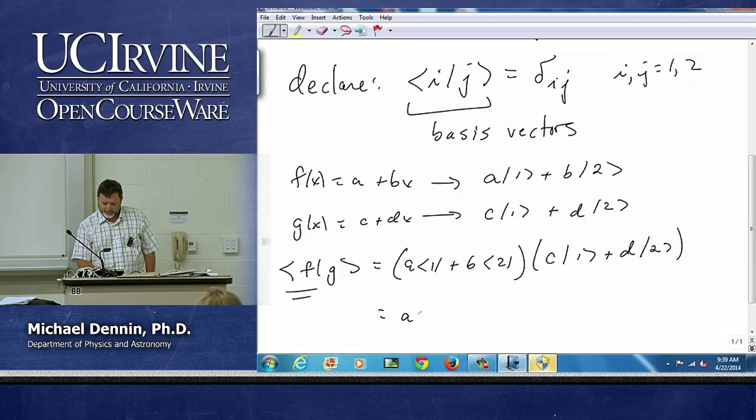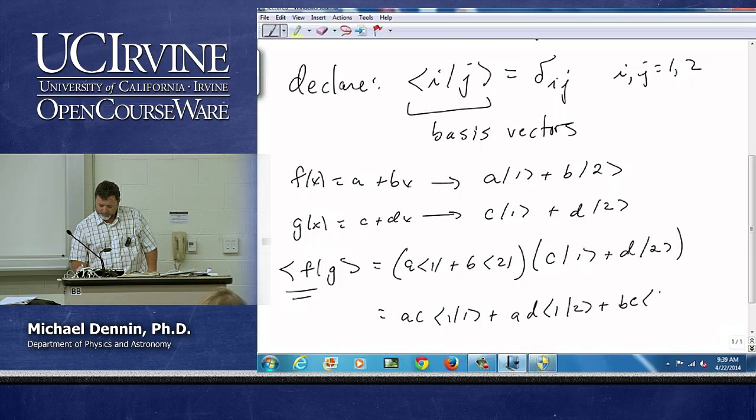And I get a times c <1|1>, plus a times d <1|2>, plus b times c <2|1>, plus b times d <2|2>.